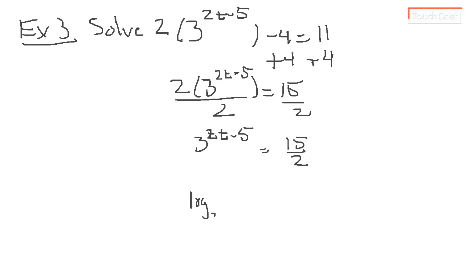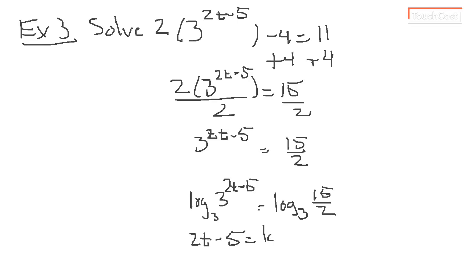So I'm going to use log base 3 of 3 to the 2t minus 5 equals log base 3 of 15 over 2, which is going to result in us getting 2t minus 5 equals log base 3, and actually we can just go 15 divided by 2 and get 7.5.